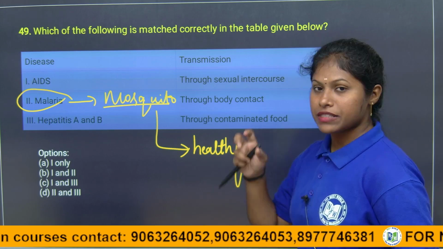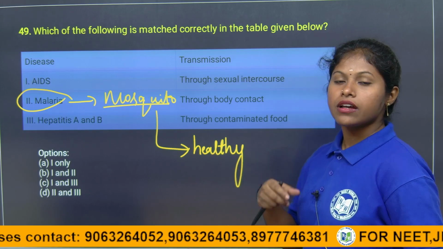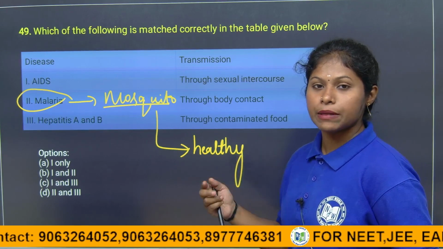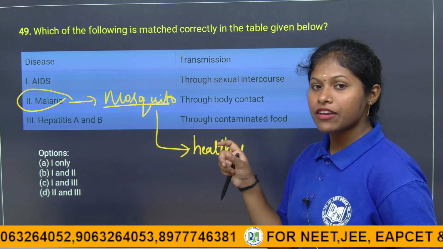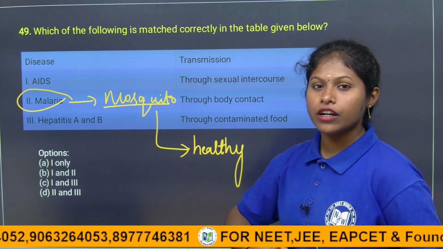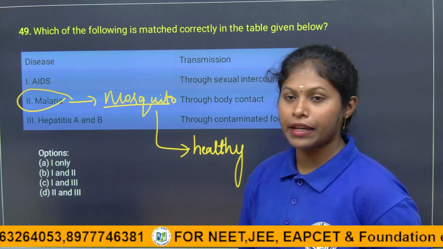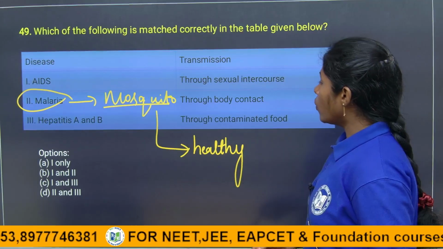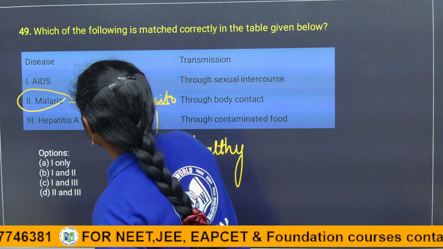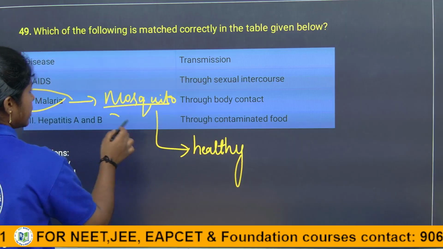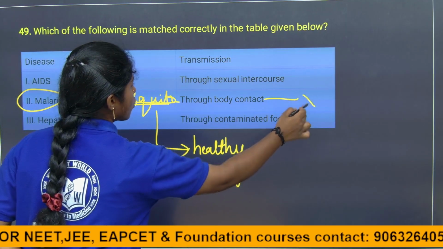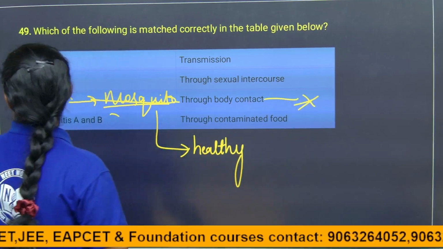So when it is sucking the blood, the Anopheles mosquito carries it to the healthy person. The mosquito acts as a vector, acts as a vehicle for the transmission of the malaria protozoan. So the next answer, children, it is a wrong answer. The statement is wrong, it is not correctly matched.